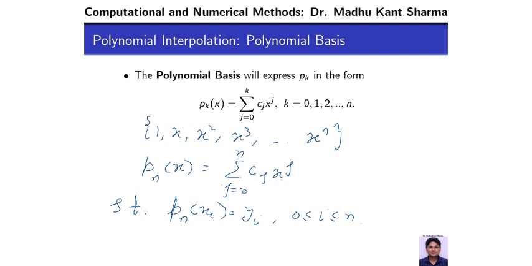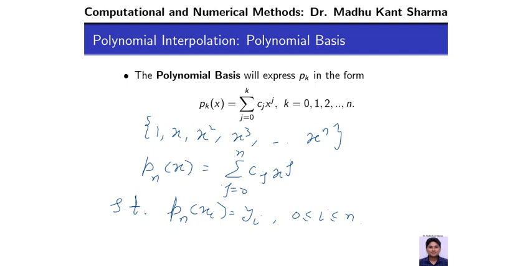So you have n plus 1 equations in n plus 1 unknowns. And if x0 to xn are distinct points, then you can show that it can be solved uniquely.